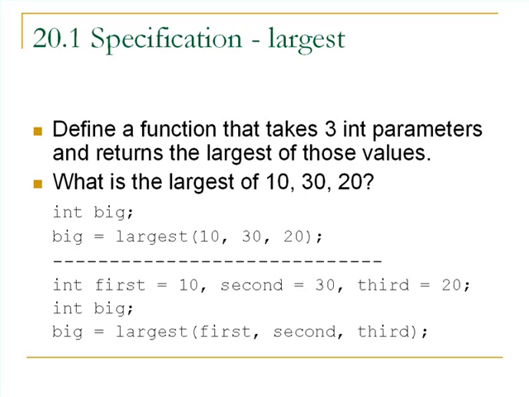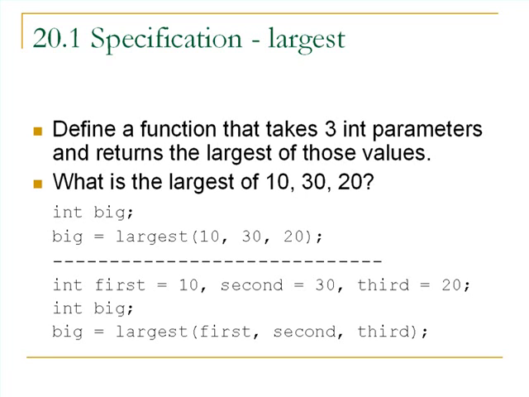2 examples, actually. The first one says pass in the literals 10, 30, and 20. So this function is defined to take 3 ints. You can give it 3 int variables, or 3 int literals, or 3 expressions that evaluate to int.